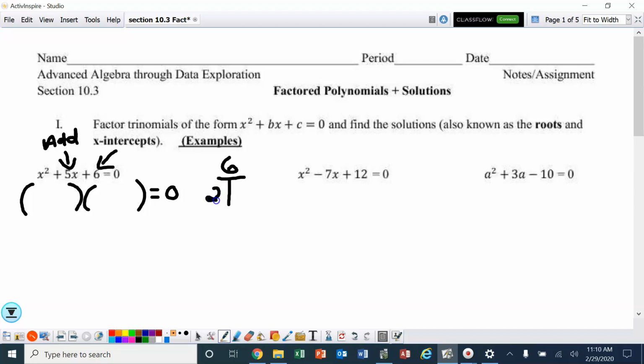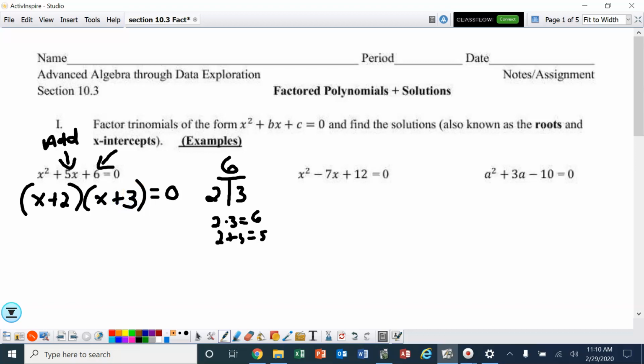Well, that should be pretty straightforward: 2 and 3. 2 times 3 is 6. 2 plus 3 is 5. So our factors are x plus 2 and x plus 3.